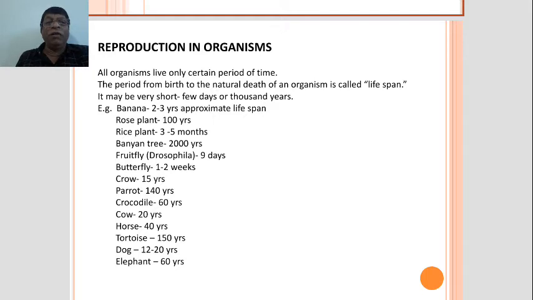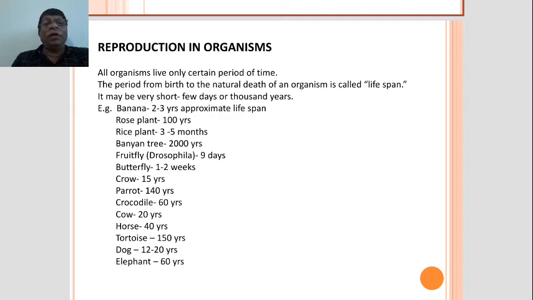It may live even 2000 years. The banyan tree has the longest lifespan. Okay. Some gymnosperms also have the longest lifespan. That's all the lifespan of some plants.